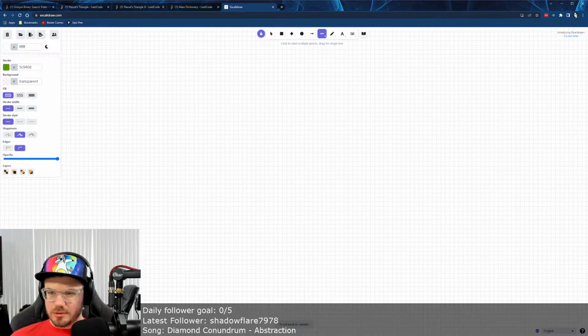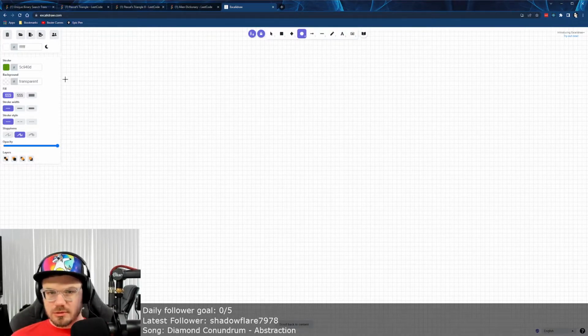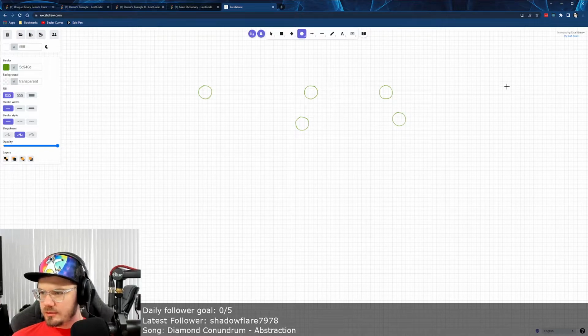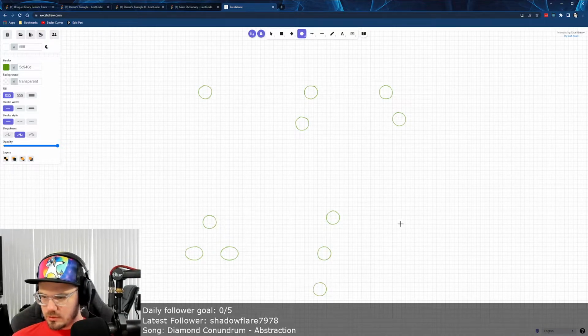So if you got a binary tree of size, hold on, let me get some circles going here. Of size 1. And you got a binary tree of size 2, could be like this, or like this. Binary tree of size 3 could be like this, or it could be like this, or it could be like this.